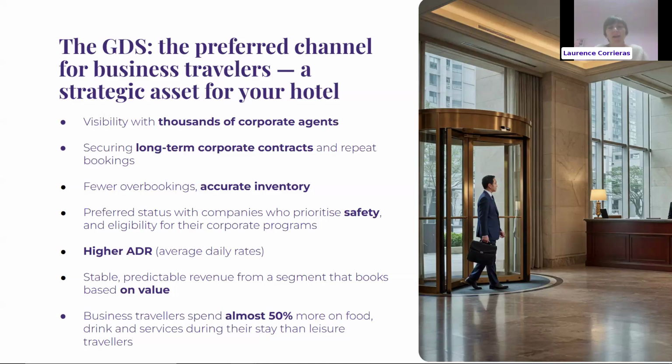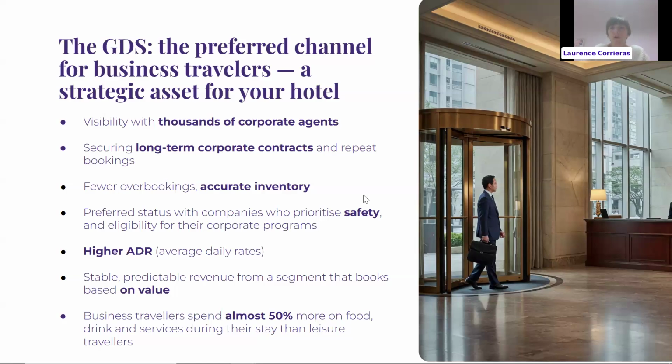Reason number 3, a centralized and efficient booking experience. Agents can book hotel, flight, car rental, all from one platform. It's fast, streamlined, and aligned with company policies. What it means for your hotel: fewer booking errors, faster confirmation, and smoother operation at check-in.